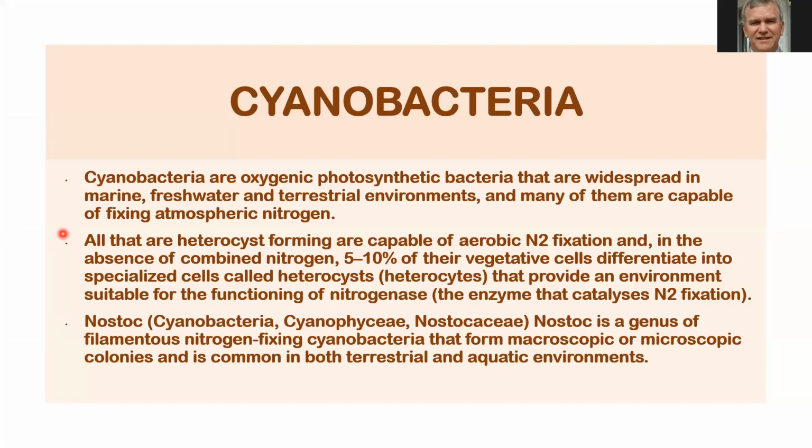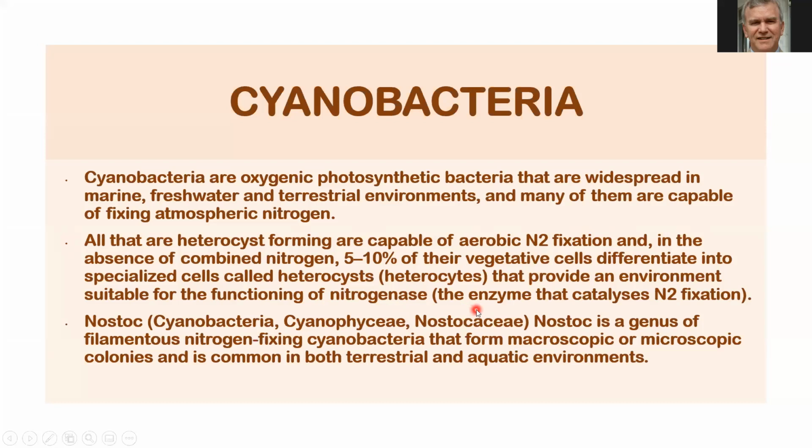All that are heterocyst forming are capable of aerobic nitrogen fixation. And in the absence of combined nitrogen, 5 to 10% of the vegetative cells will differentiate into specialized cells called heterocysts that provide an environment suitable for the functioning of nitrogenase.